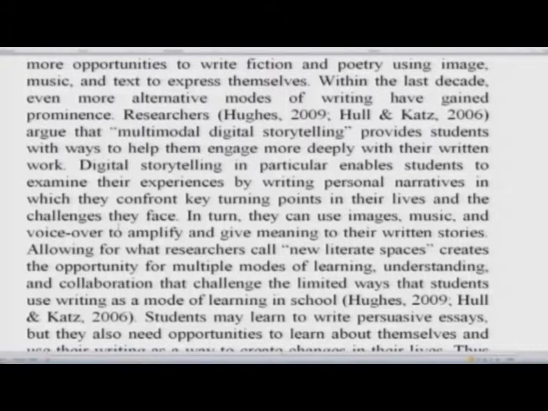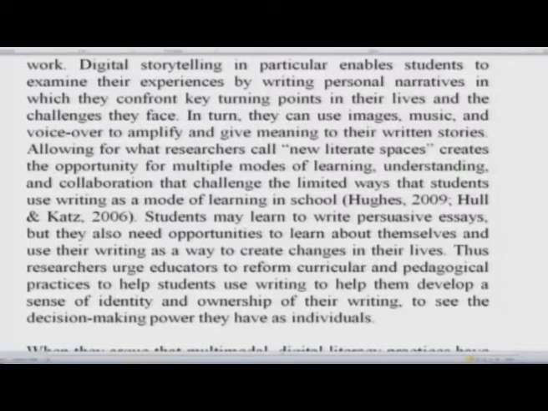So, about their personal lives and experiences. In turn, they can use images, music and voiceover to amplify and give meaning to their written stories. So, when they write, they do not just use words, letters, sentences, they also use images, music and voiceover.